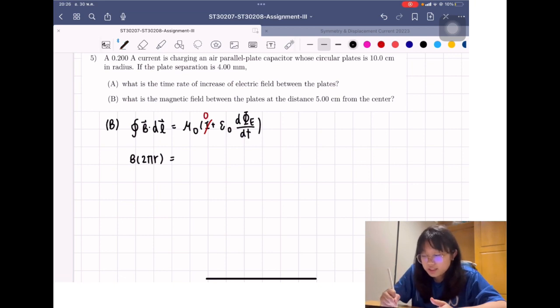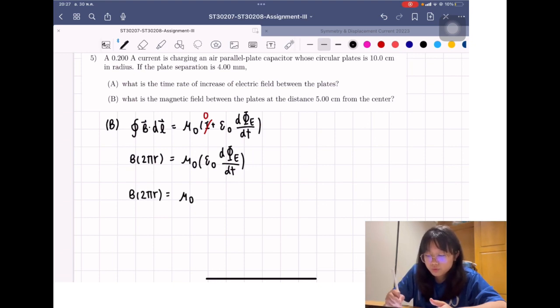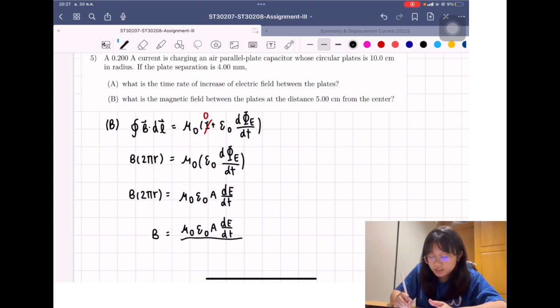The right side is equal to mu 0 epsilon 0 d flux E by dt, so B multiplied by 2 pi r equals mu 0 epsilon 0 A dE/dt. And we can get that B is equal to mu 0 epsilon 0 A dE/dt divided by 2 pi r.